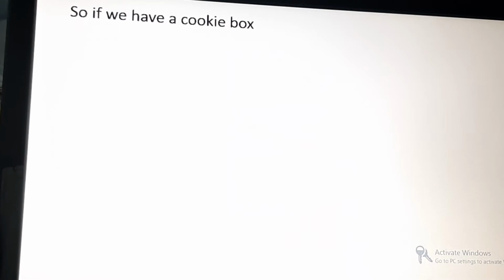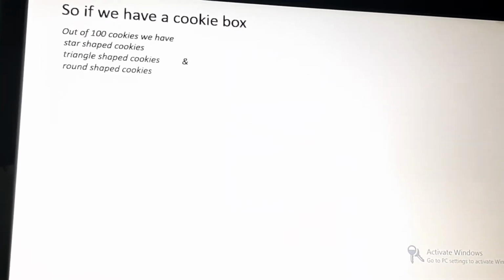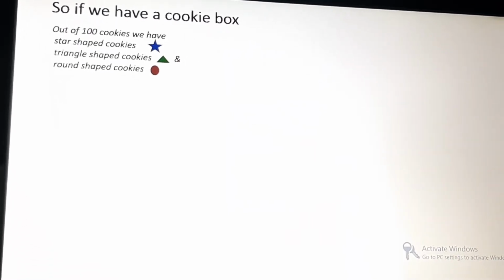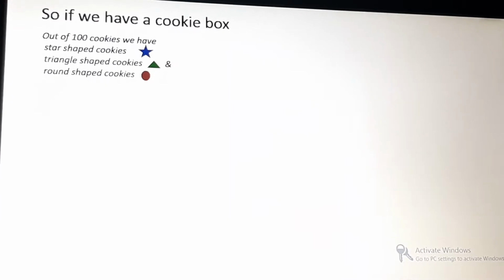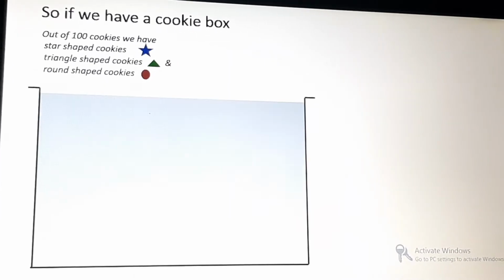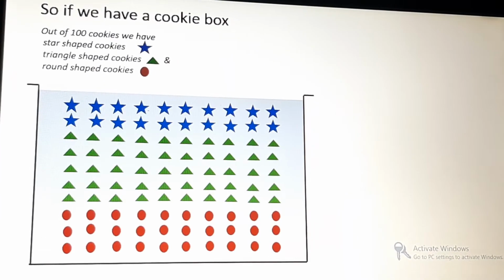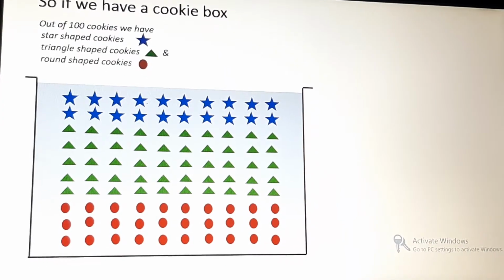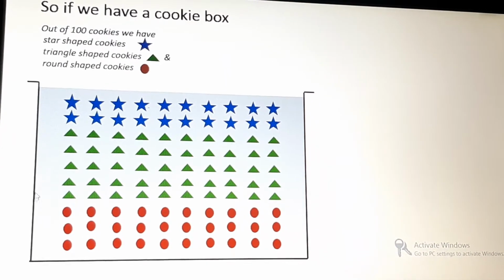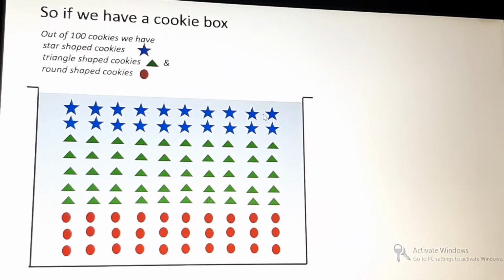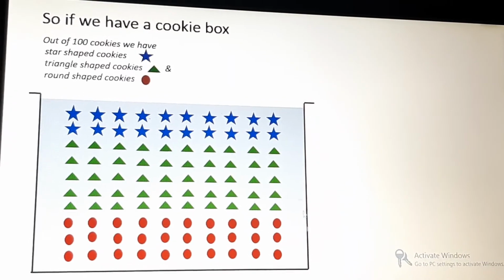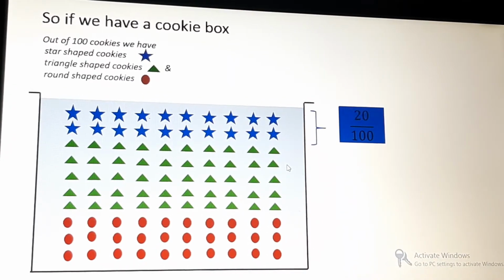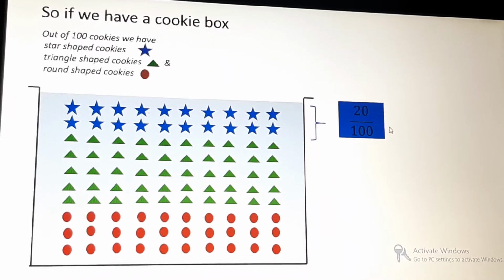So, understanding it more with the help of a cookie box. I am having a cookie box having star-shaped cookies, triangle-shaped cookies, and round-shaped cookies. They are 100 in number. Wow. So, let's see. There are 20 star-shaped cookies out of these 100. So we can say 20 out of 100.